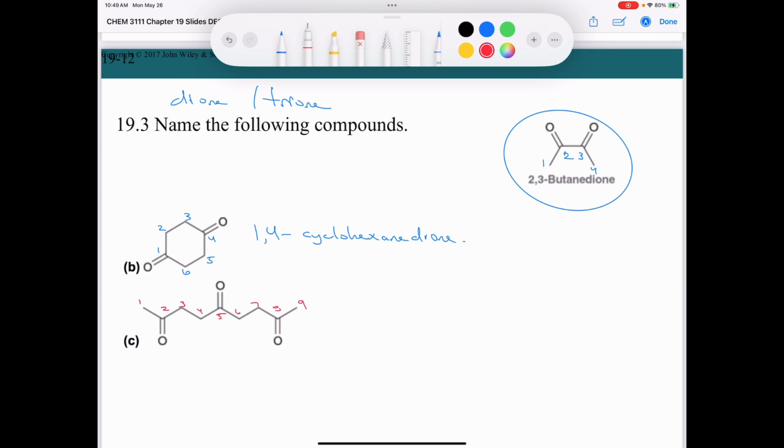It wouldn't matter which side we started numbering from because you can see there's symmetry in this molecule. So this would be a 2, 5, 8, and then it would be nonanetrione. So now you know how to name a dione and a trione.